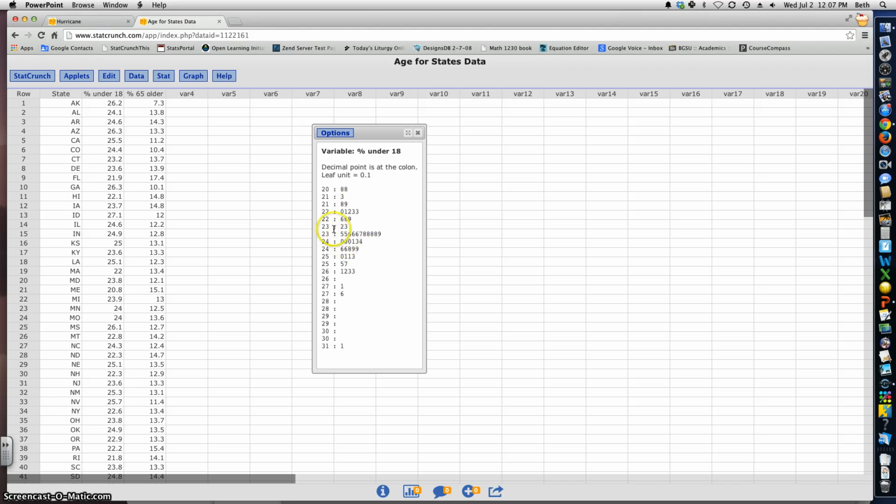If you still have too many, even when you list each stem twice, you can actually list it 5 times. And then the 0 and 1 leaves go on the first one, the 2 and 3 go on the second one, the 4 and 5 go on the third stem, the 6 and 7 would go on the fourth stem, and the 8 and 9 leaves would go on the fifth stem.